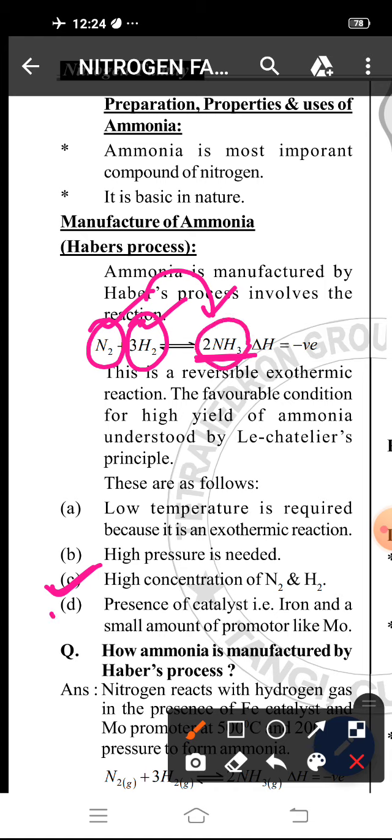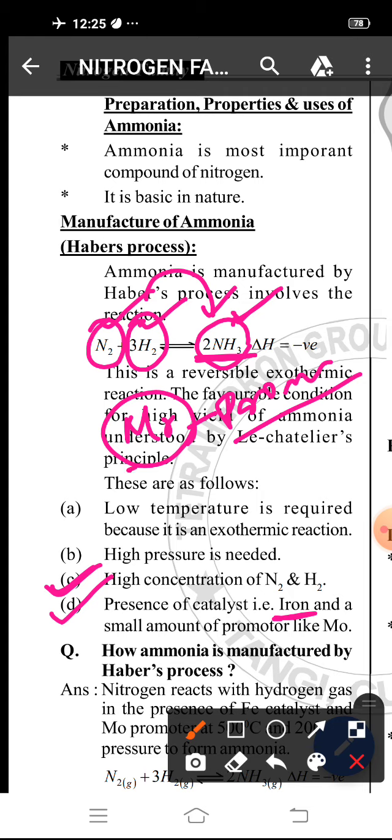Then the presence of a catalyst. In the presence of an iron catalyst, the production of ammonia becomes faster, and with the iron catalyst, some molybdenum is taken as a promoter. What do you mean by promoter? A promoter is a substance which increases the reactivity of the catalyst.